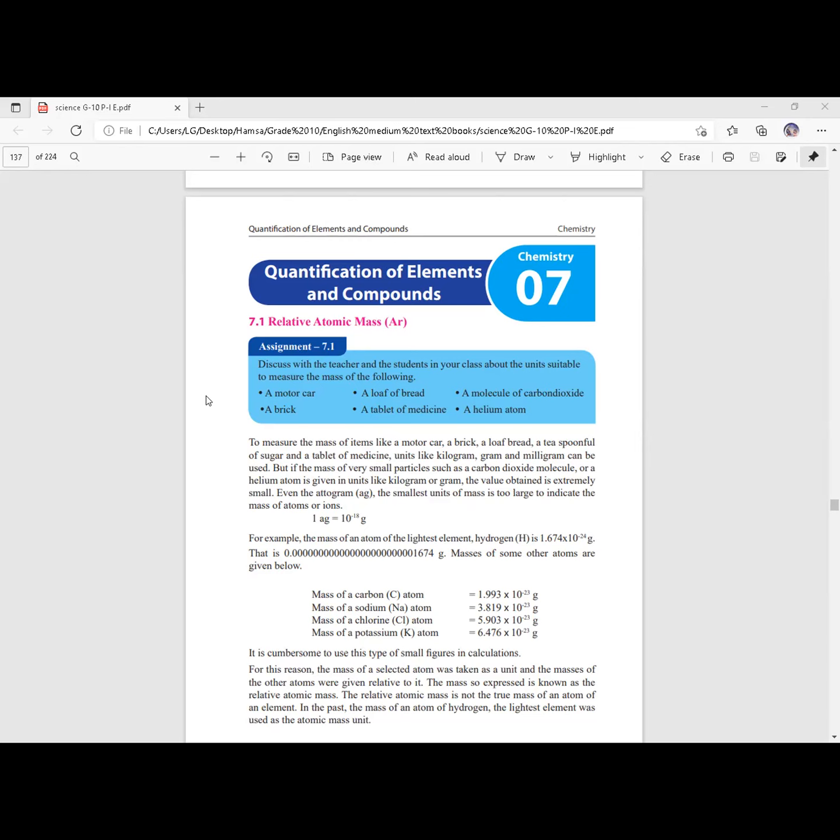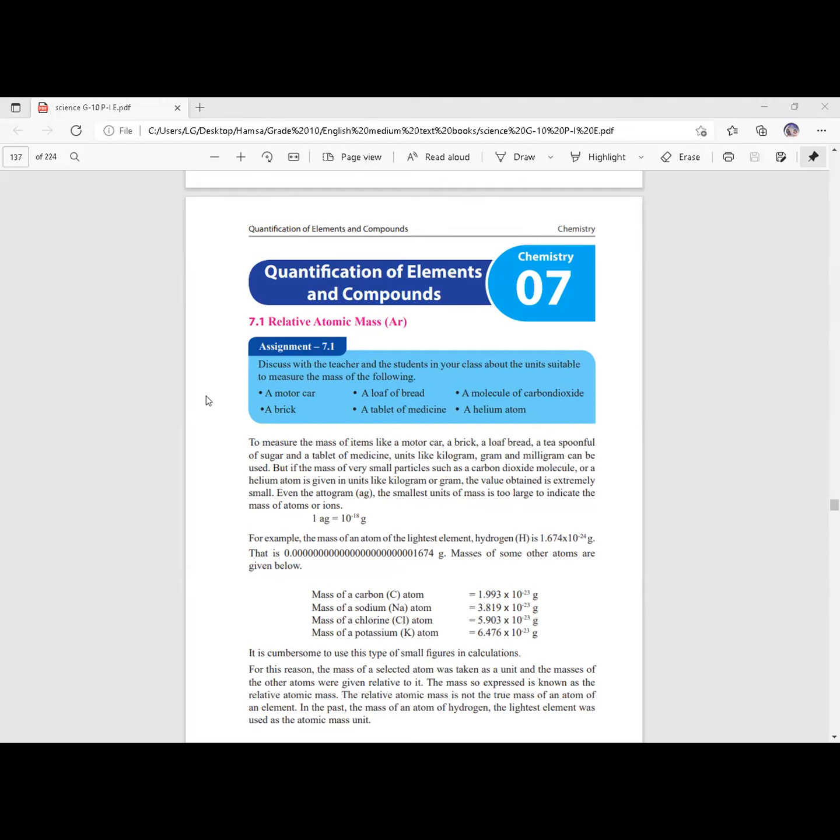You measure using the units kilogram, gram, and milligram, right? These are the commonly used units to measure mass. You all know this. If you don't know, you have to revise your grade 2, 3 books.